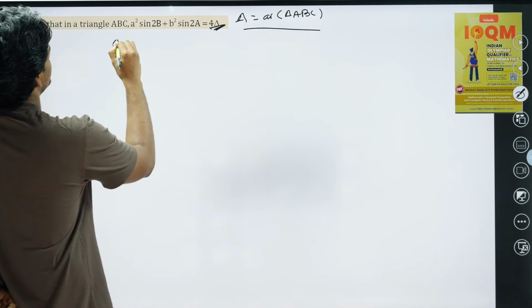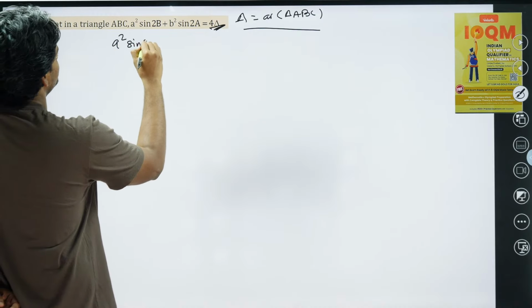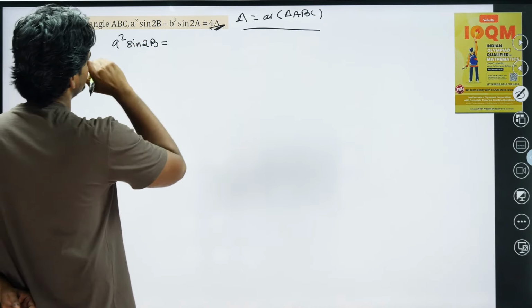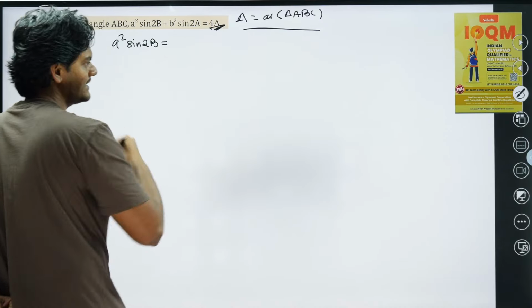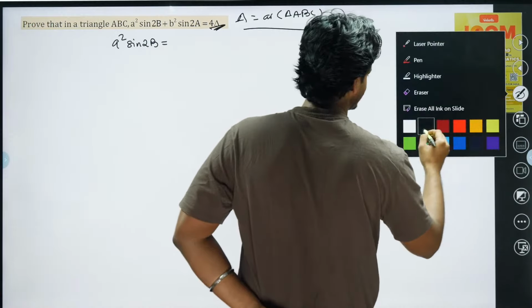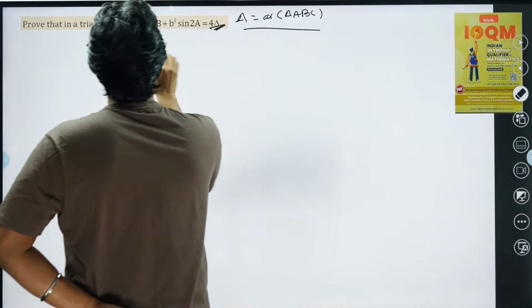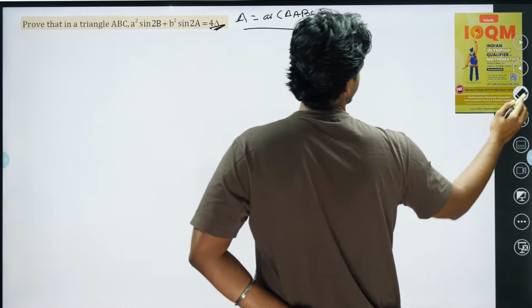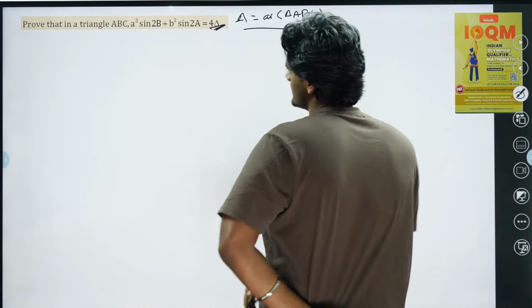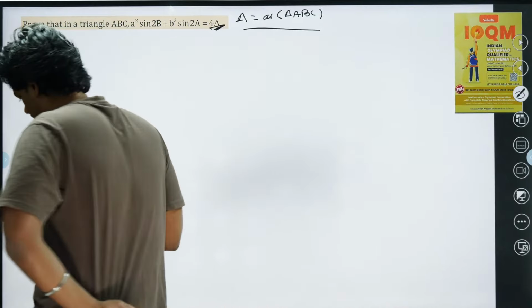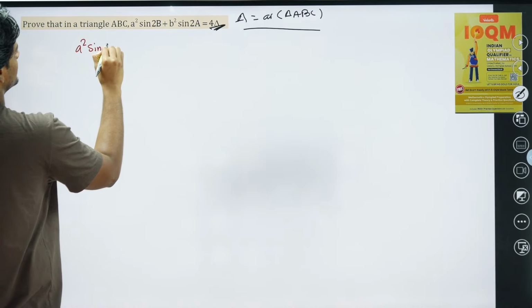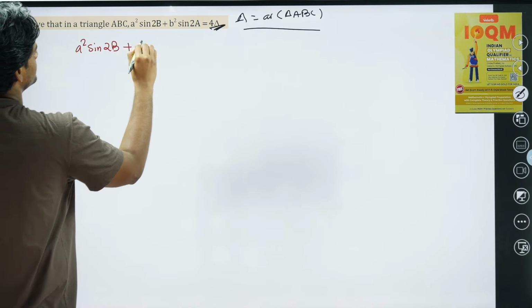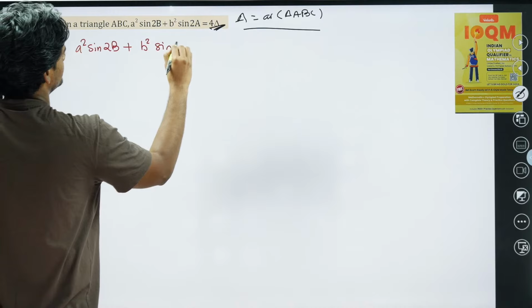So, a square sine 2B is... Okay, let's write it down. Let's just hit it hard. a square sine 2B plus b square sine 2A.